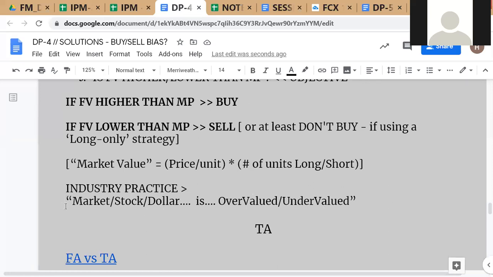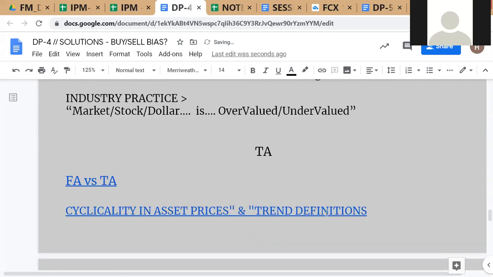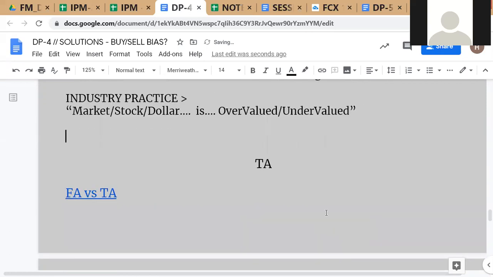Now, this is actually not the theoretically correct term. What they actually mean is, because the market does not value anything, we have to be consistent about this. What they are actually doing is looking at this.